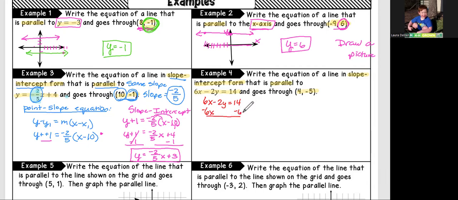So I'm going to convert this to slope-intercept. I'm going to subtract 6x from both sides. This cancels. We get -2y equals -6x plus 14, divided by -2. And so that gives us y equals -6 divided by -2 is 3x. 14 divided by -2 is -7.